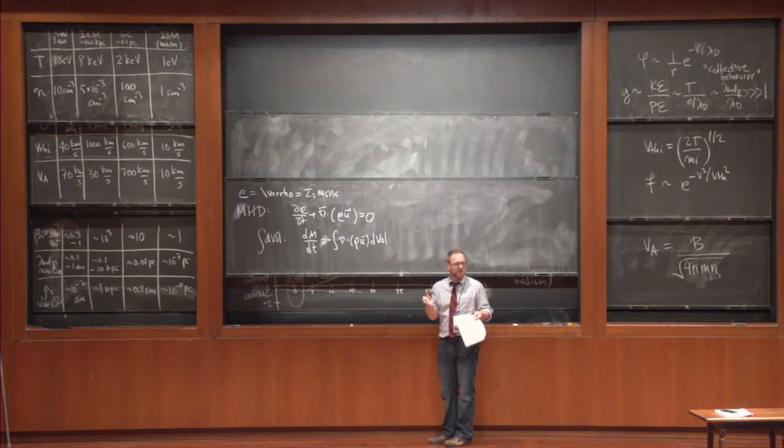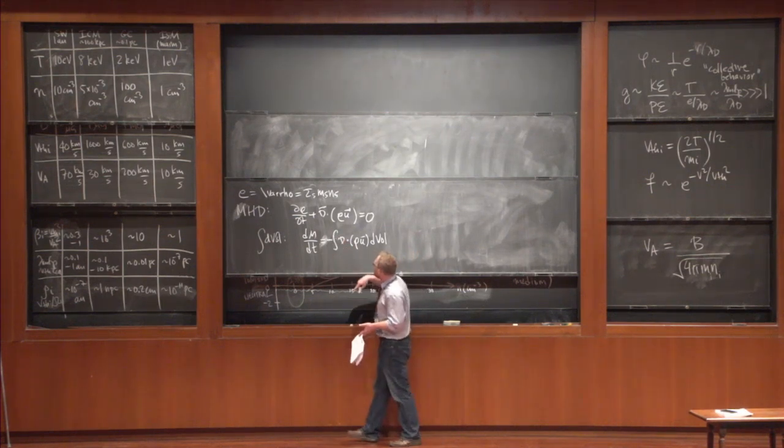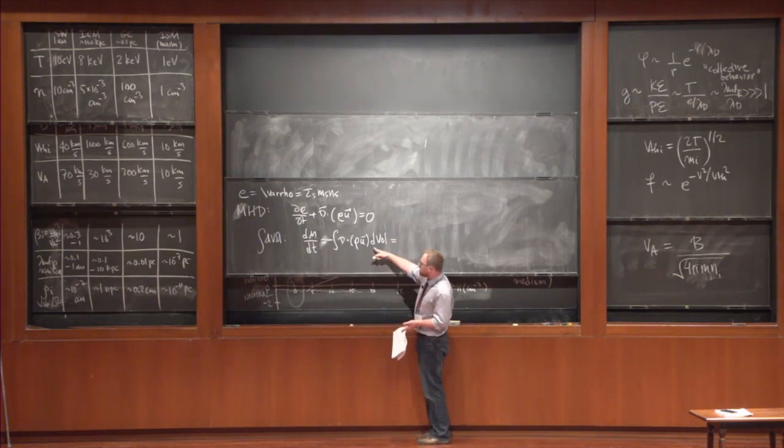So you have some fluid element. In MHD, fluid elements are technically infinitesimal, but it's just some collection of charges that obey some collective behavior that you can describe macroscopically, from the standpoint of particles, by some sort of volume. Within that volume, the mass evolves, and you can use the divergence theorem here.